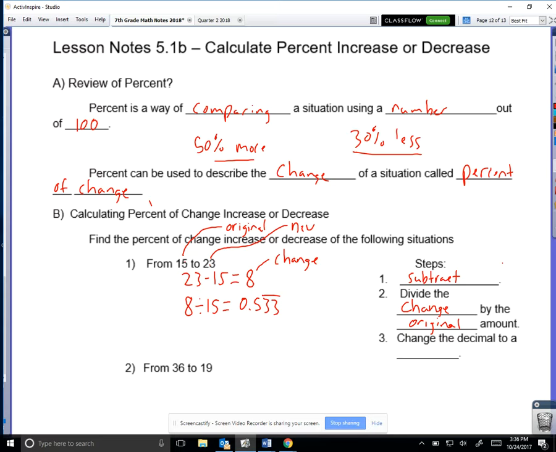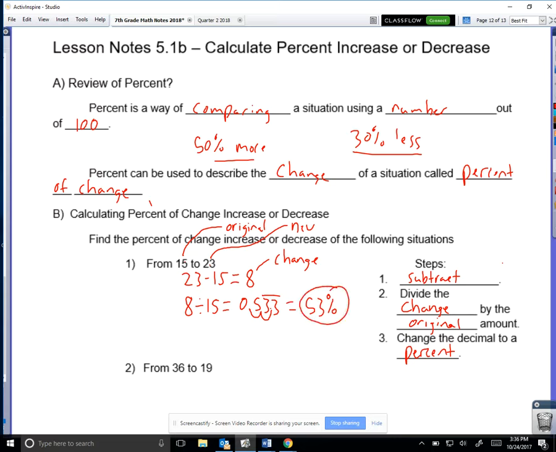We're going to change the decimal to a percent. Just like in the last lesson, we're going to move this decimal point to the right 2 times. That's going to give us 53%. And I'm just going to drop off that other 3 because we don't need it. Okay, and that's going to be our answer.